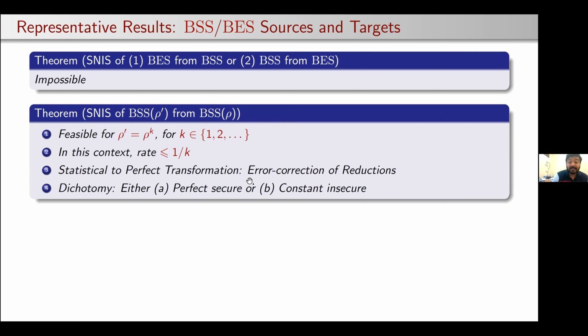Such results are extremely rare in cryptography. In fact, we prove a very strong dichotomy result. We prove that any secure non-interactive simulation will be perfectly secure, or it will be constant insecure.